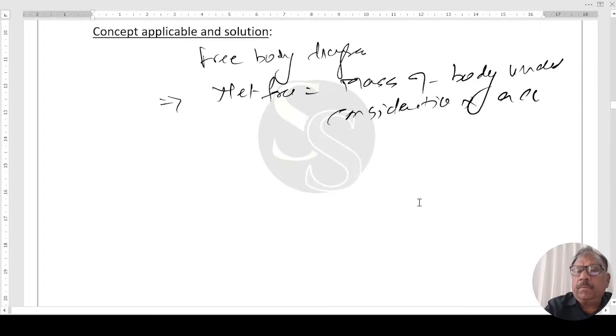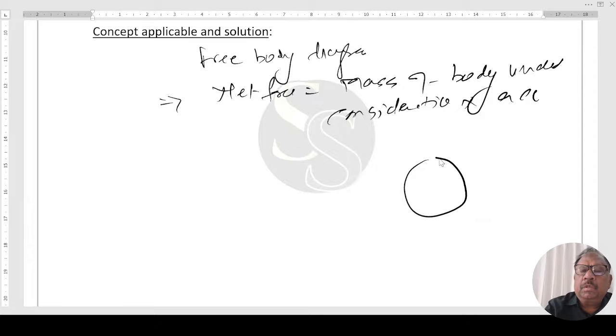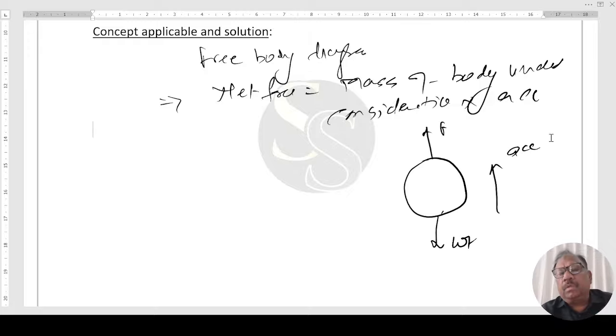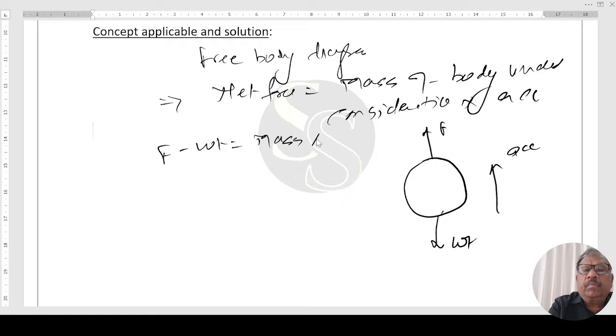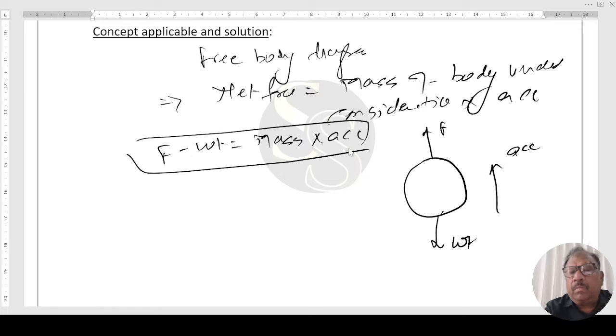In this case, this is balloon, certain force is being applied to weight. This is acceleration. This is the concept. That is, F minus weight equal to mass into acceleration. This is the concept applicable.